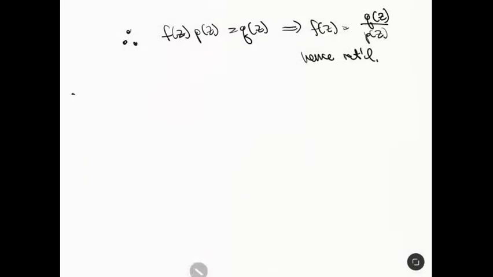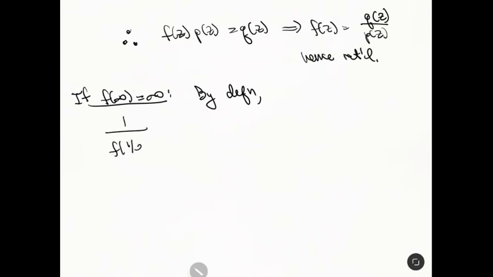So if f of infinity is infinity, then we're just going to do something similar. So by definition, 1 over f of 1 over zeta looks like h0 of zeta, zeta to the m0, where this guy is not equal to 0.